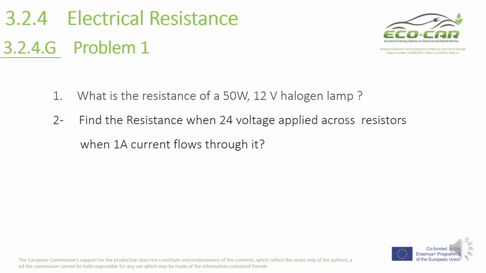Let's take another questions here to do as homework. What is the resistance of 50 ohm 12 volt halogen lamp? Find the resistance when 24 voltage applied across resistors when 1 amp current flows through it.